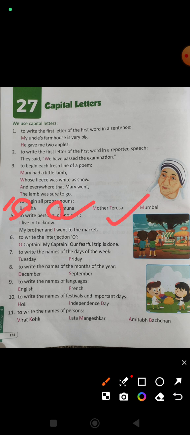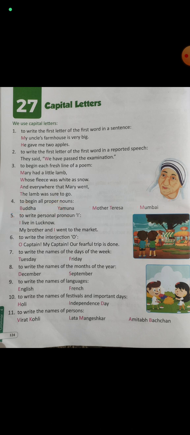Then third is Mother Teresa. Fourth is Mumbai. So the fourth rule is always use a capital letter to begin a proper noun. And what is a proper noun? I already explained. Proper nouns are the special and unique names given to certain common nouns.